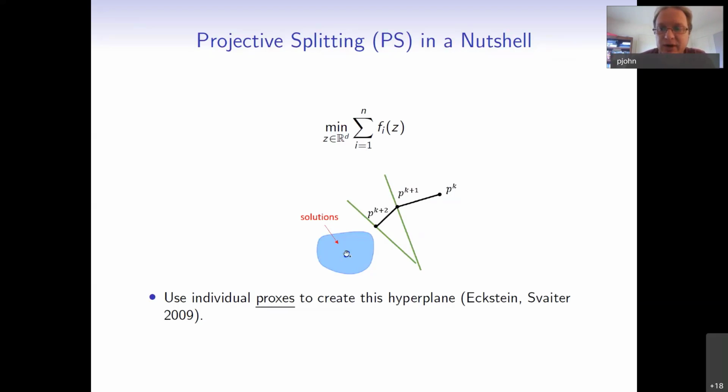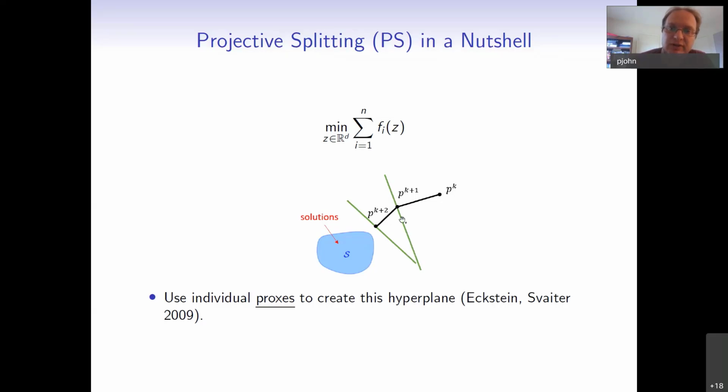You may have just one minimizer, but in general, for convex non-smooth problems, you might have more than one. The basic idea is that you have some current estimate of the solution, and you create a hyperplane that separates this estimate from the solution set. This is the green line here.